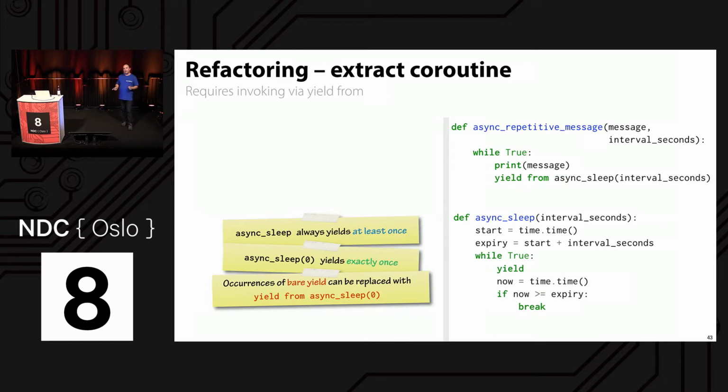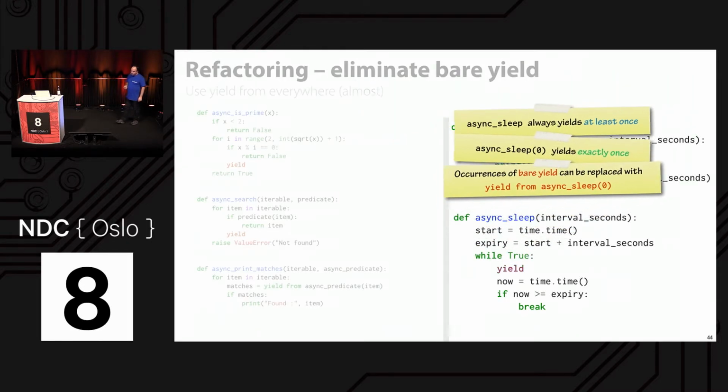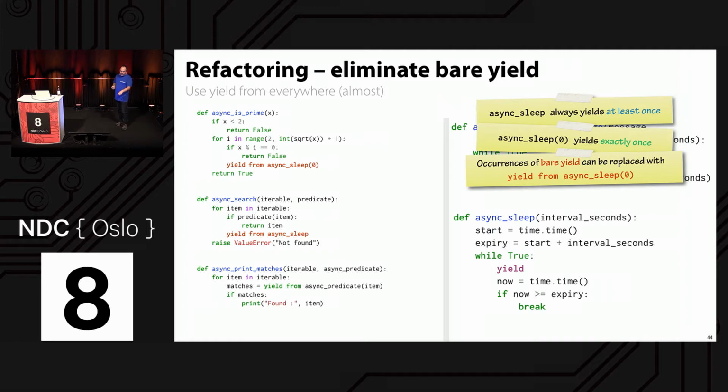Now, that might not seem like any kind of win at all, because we've replaced one word with 3 and a method call, but it is an important refactoring. And it's one of those interesting cases where on the way to simplifying code, you have to write more code, and the code kind of balloons up before kind of magically shrinking down as all these things cancel out. So that's an important step there. So then we can take all of our other bare yields and replace them with yield from async sleep 0.